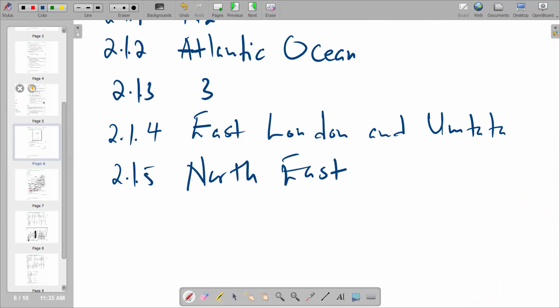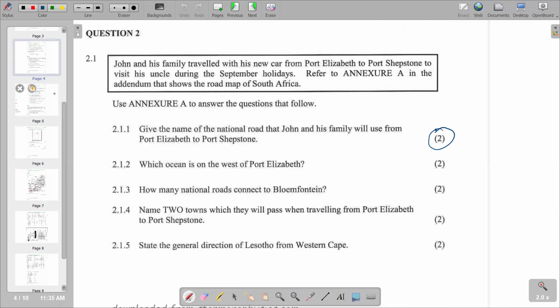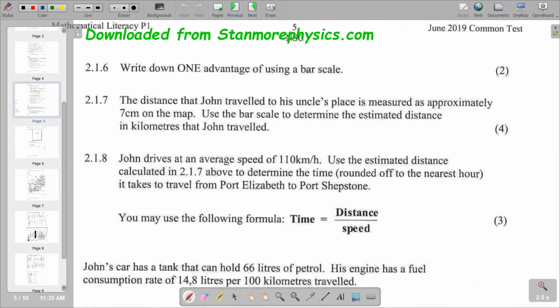So moving on to the next question. We have 2.1.5 as the last question that we have. Then 2.1.6, write down one advantage of using a bar scale. One advantage of using a bar scale. And of course, one advantage that we can deduce is that bar scales are quick and easy to use.